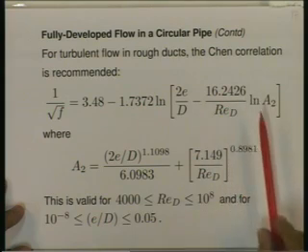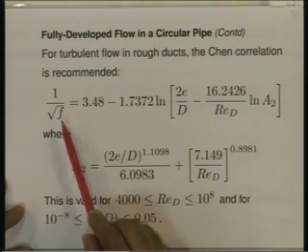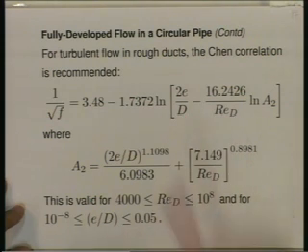So, overall we have a relation between friction factor, roughness parameter and Reynolds number. And this equation is valid over a reasonably wide range of roughness parameters as well as Reynolds number.